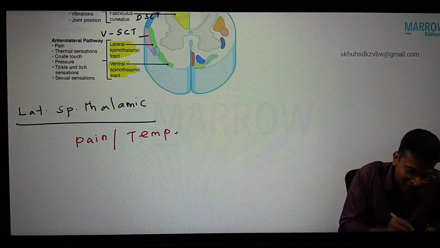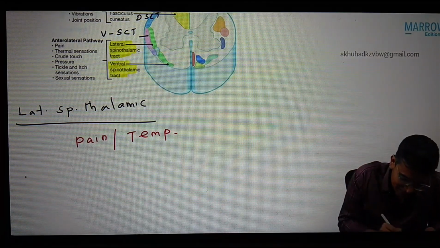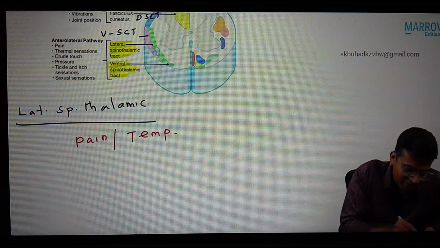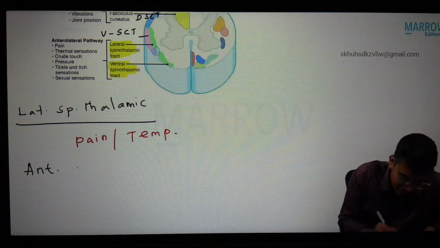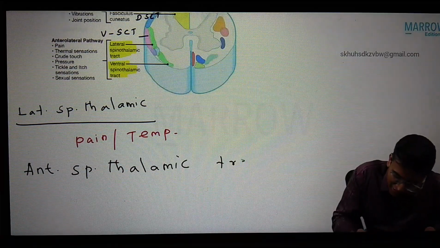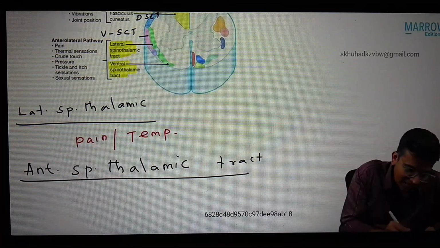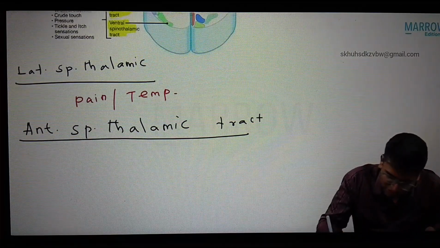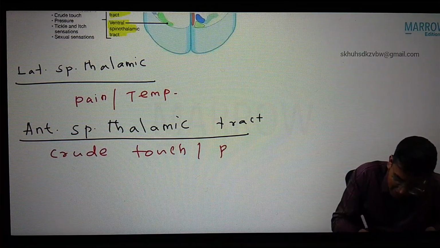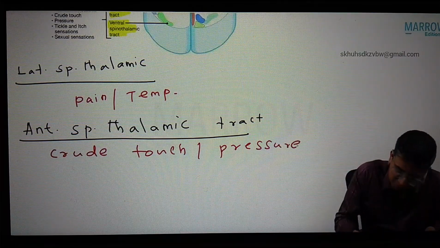And next one is the anterior spinothalamic tract, which carries crude touch and pressure.